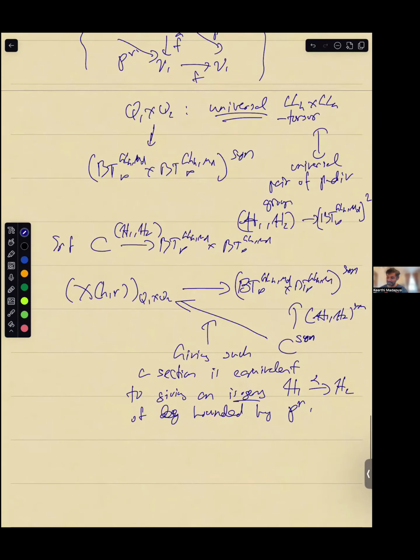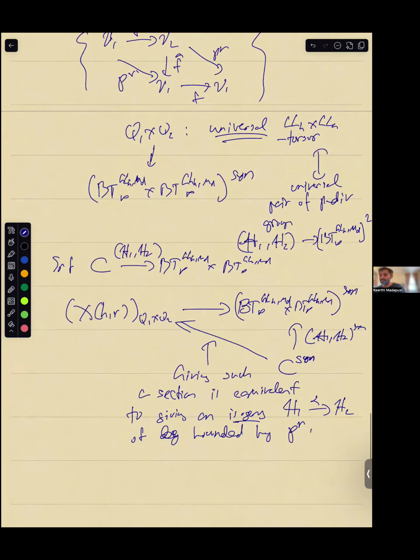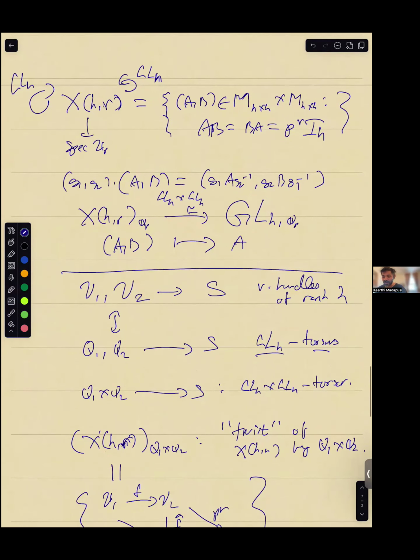And when you take the symplectification corresponding to Barsotti-Tate groups, a section of this twist is the same as an isogeny of Barsotti-Tate groups with degree bounded by p to the r. All of this makes sense for any group, not just GL_h.